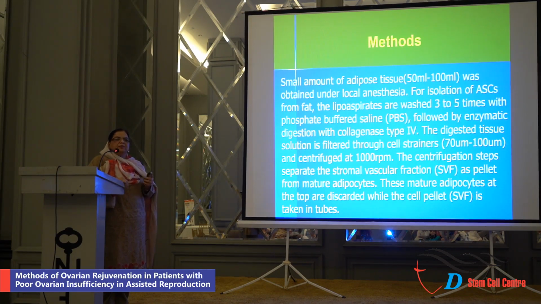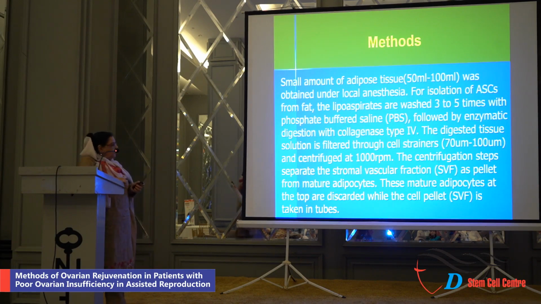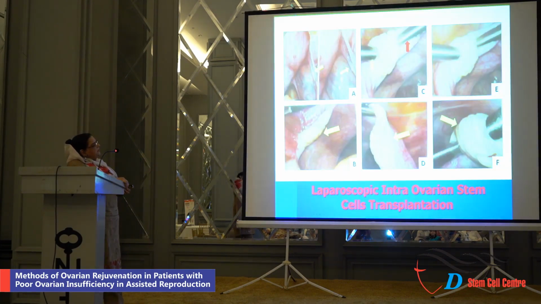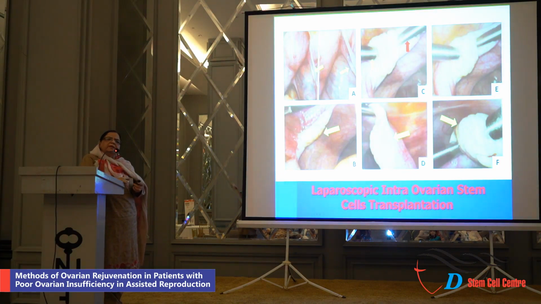In each ovary we injected 2 cc laparoscopically, so the amount of mesenchymal stem cells was 4 to 12 million in each ovary. This is the laparoscopic procedure: we stabilize the ovary and then directly inject the SVF into the stroma.